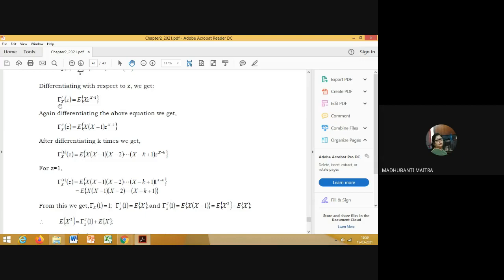Now, that is the first derivative. So, if we evaluate the first derivative at z equal to 1, then this part will be 1. So we'll be getting the expected value of x, which is the first moment about the origin.